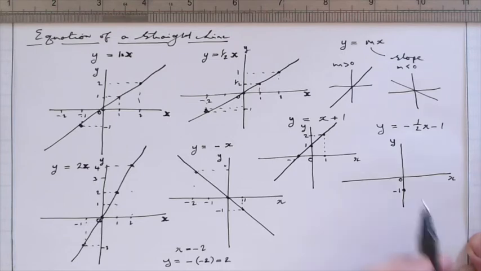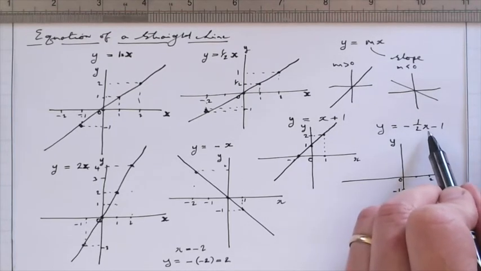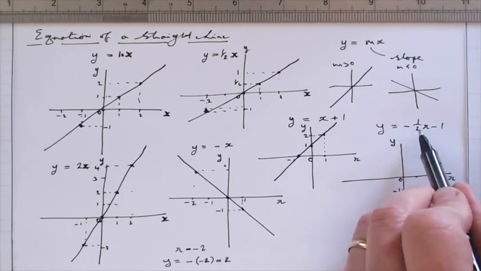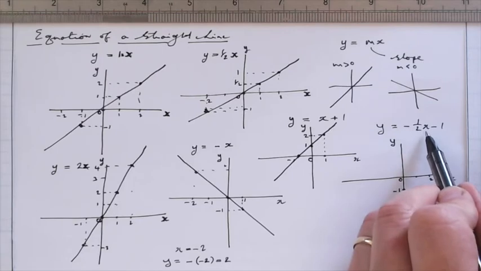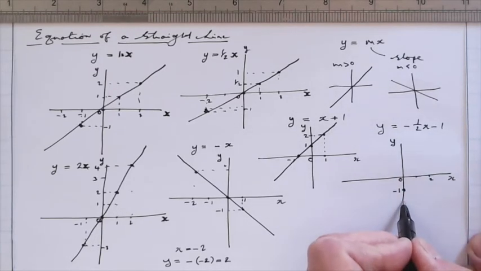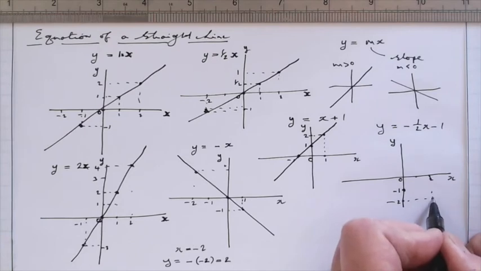Let's see what happens when x is 2. When x is 2, we're multiplying 2 by negative a half. So negative a half times 2 will be negative 1. Then we're subtracting 1, so we'll have negative 2. So at x equals 2, we're told to go 2 below the line.